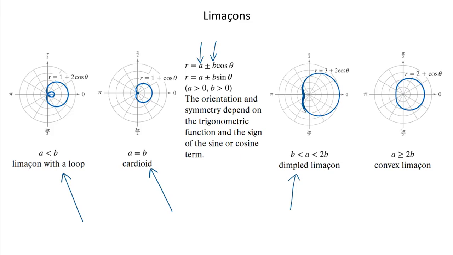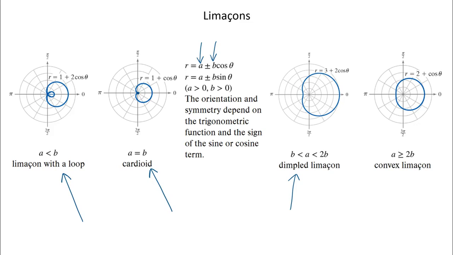It doesn't get the sharp point and doesn't meet at the pole like the limaçon with a loop and the cardioid did. So this is what's called a dimpled limaçon. We run into dimpled limaçons when a is between b and 2b. So in other words, when the constant is greater than the coefficient, but less than twice the coefficient.